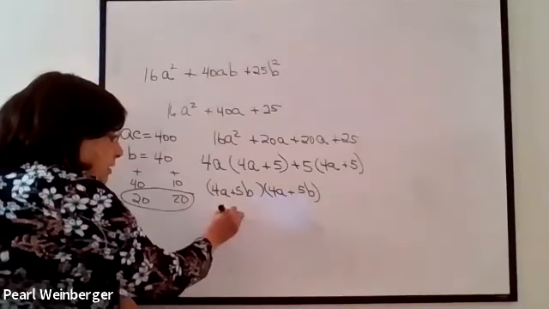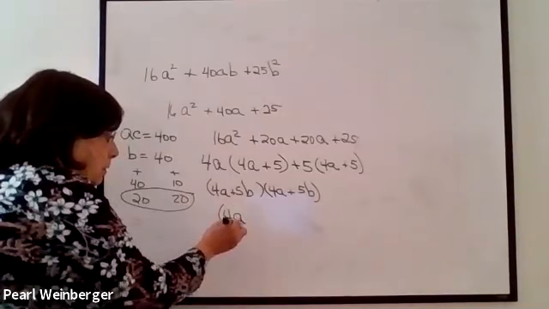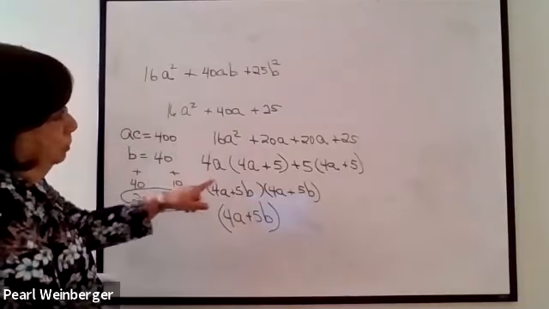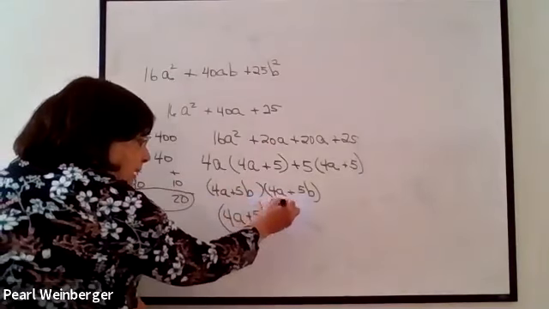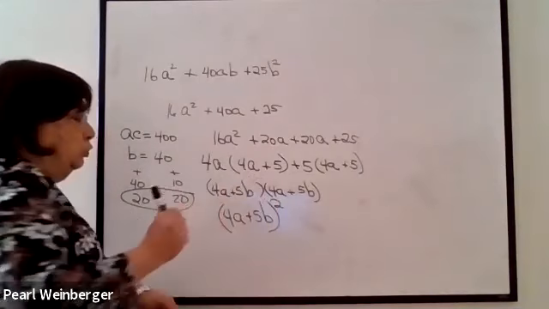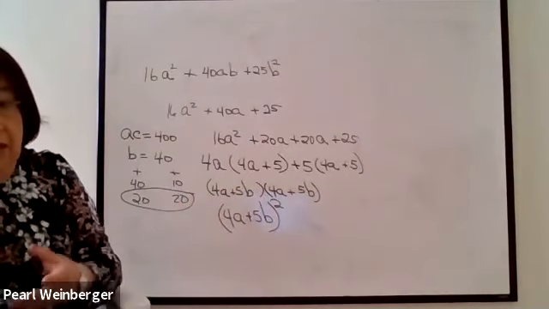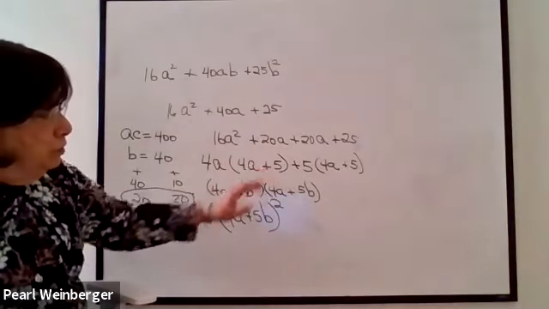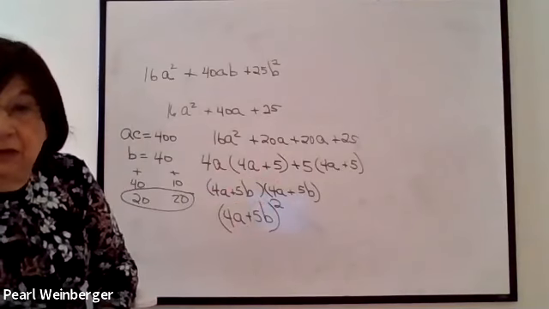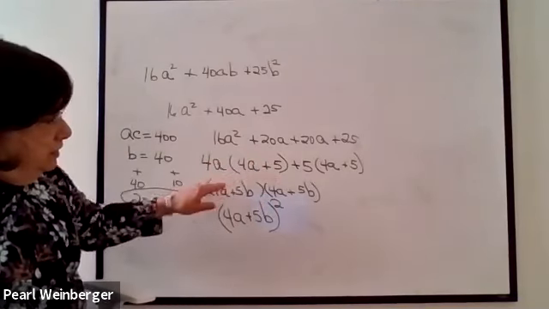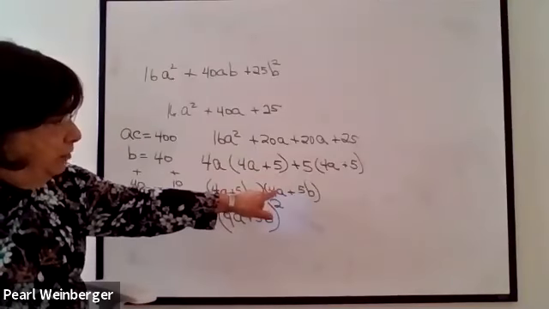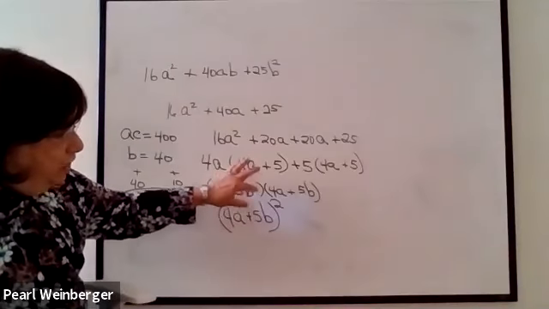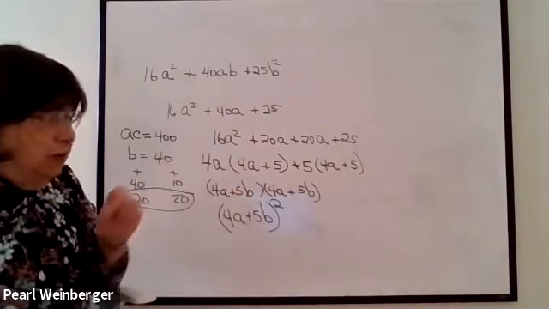We could write it as 4a plus 5b squared. When the two parentheses are the same, you could write it as a binomial with a square on the outside. The operation is the same that we've been doing all along, but if both parentheses turn out to be exactly the same, then instead of writing both parentheses, it's not wrong to write 4a plus 5b and 4a plus 5b, but the more efficient way is 4a plus 5b in parentheses with the square on the outside.